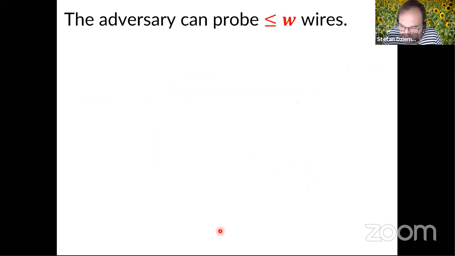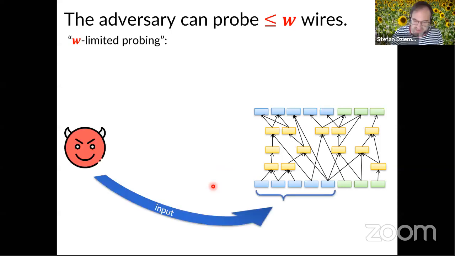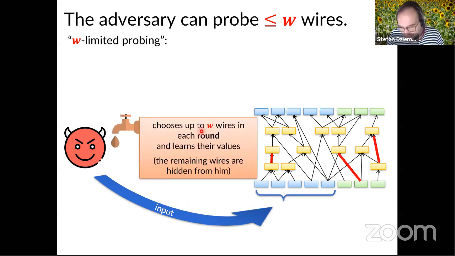The adversary can probe at most W wires. This is called W-limited probing, and by probing I mean the following. So in all these leakage models, the adversary still has the power to do what he can do without leakage, right? So he can produce some input, feed it to the device, and then he can choose up to W wires in each round and learn the values there.